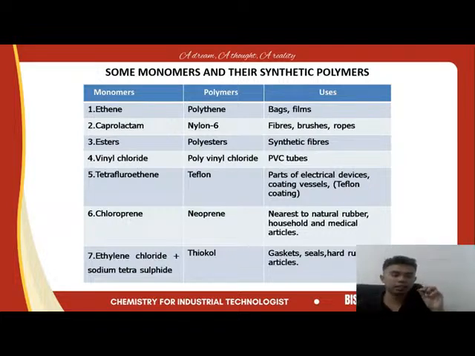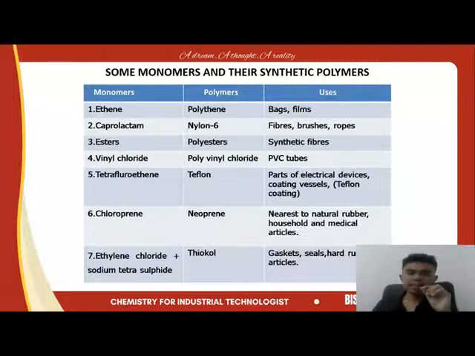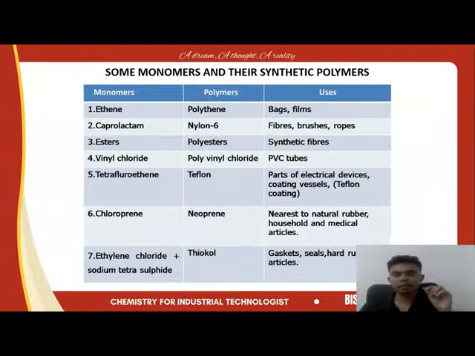Teflon is good to use. Next, we have the monomer chloroprene. Chloroprene can create neoprene, which is the nearest to natural rubber. So it can be a substitute of natural rubber, used in household and medical articles.